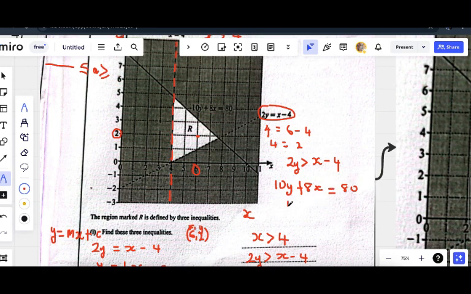So I write 10y is equal to, I move 8x to this side, it becomes minus 8x, plus 80. Now let's test this one and see whether it's going to be lesser than or greater than.